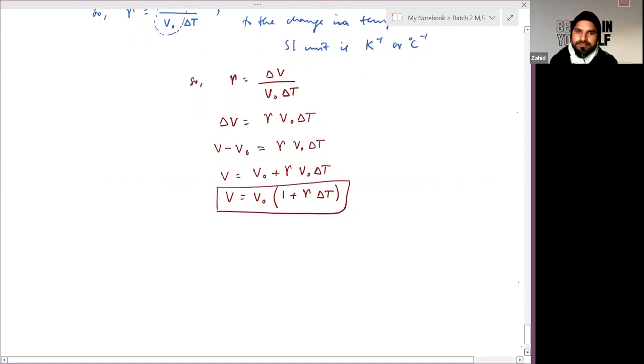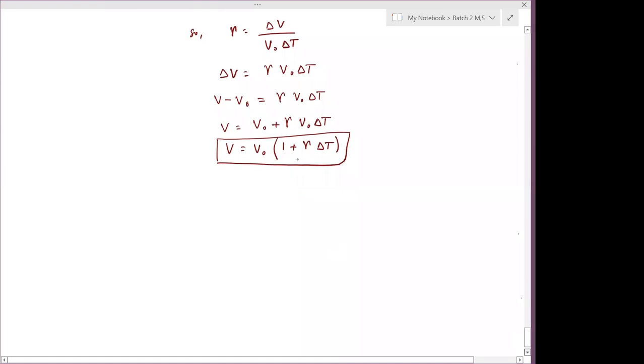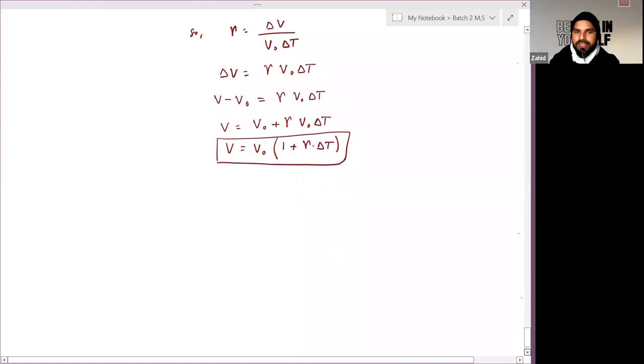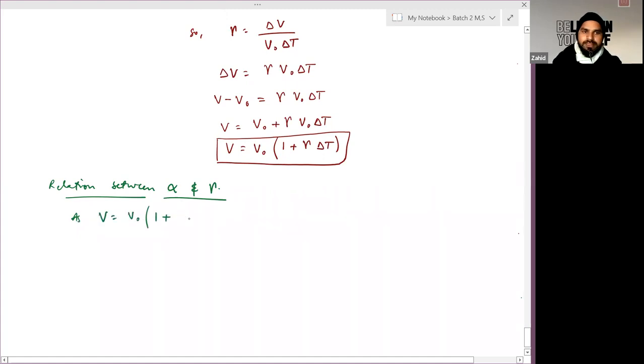No, sir. Okay. So similarly, we have to find the relation between alpha and gamma. We may write the volume as V equals V naught times 1 plus gamma delta T. Let's say this is equation first.